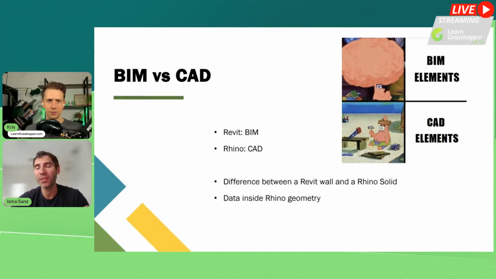This geometry in general is dumb, which means that a wall in Revit has so many different properties. It's not just geometry; it's much more. But the same wall in Rhino, instead of just a wall, might be a solid, a piece of geometry that is dumb. It doesn't really have that much information in it.